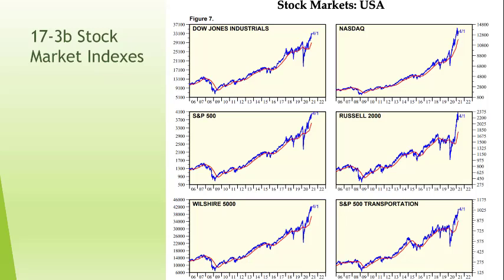The Wilshire 5000 is the kind of biggest index. Another 3,000 companies added, and you can see it's also pretty similar to the Dow Jones Industrial Average there. So the Dow Jones Industrial Average, although it only has 30 shares, is actually pretty representative of the entire market.